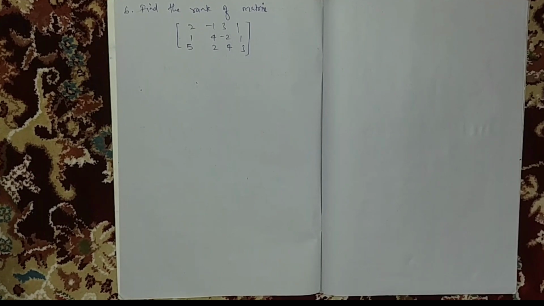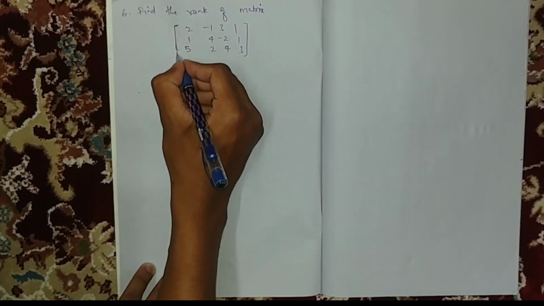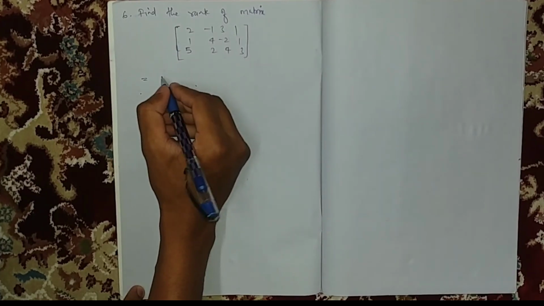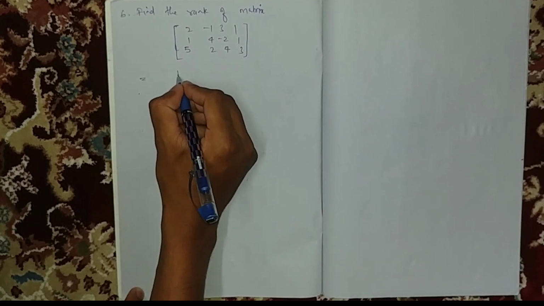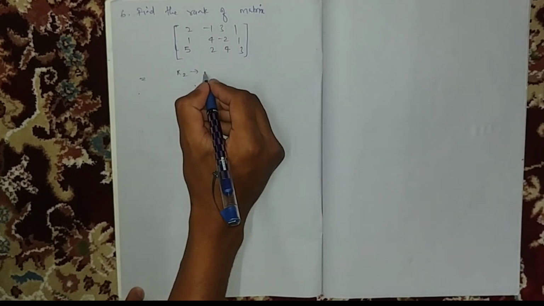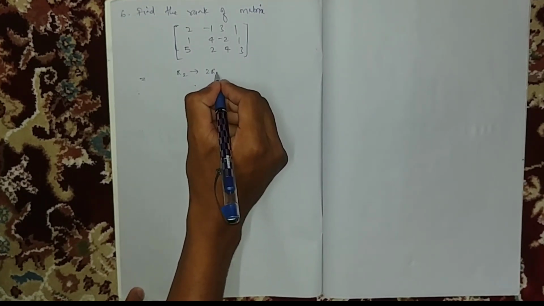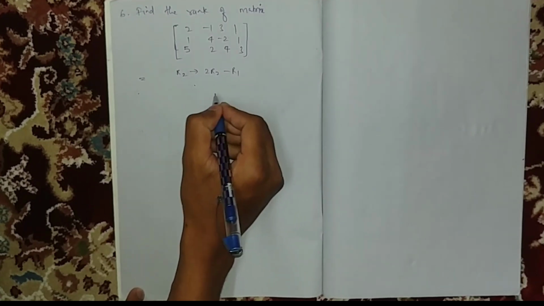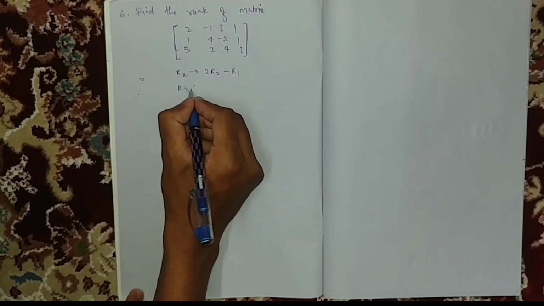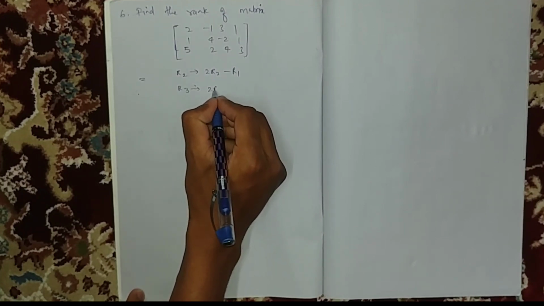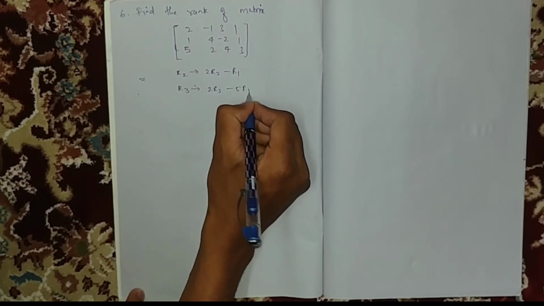The sixth question is to find the rank of the matrix. We have solved this type of question before. You use R2 to R2 minus R1 and R3 is equal to 2R3 minus 5R1.